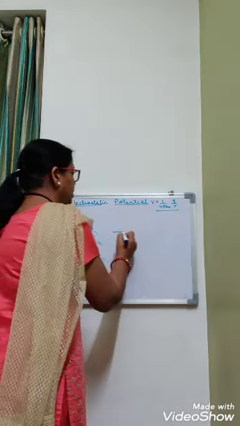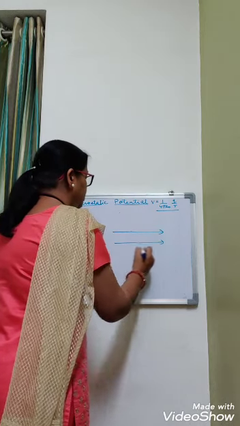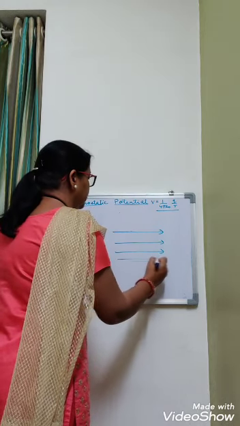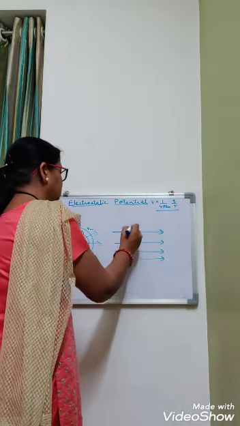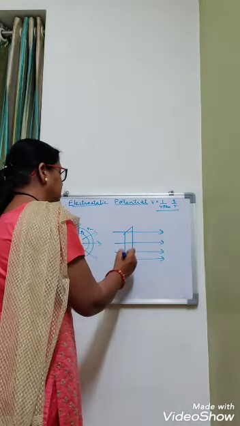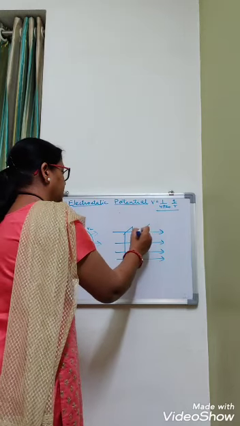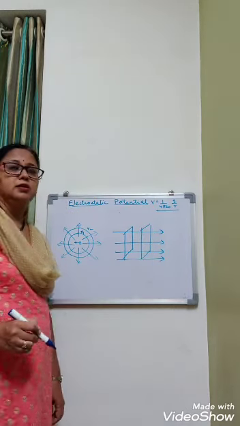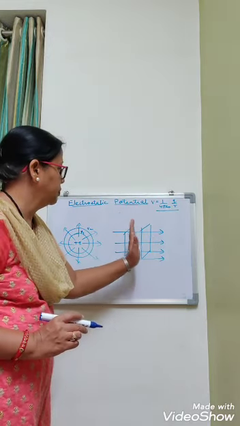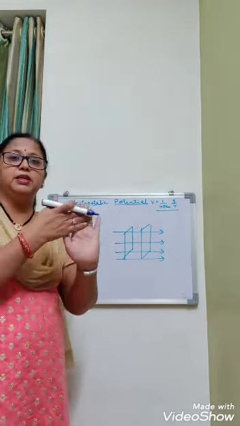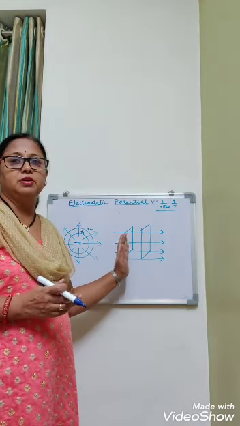In the same way, for a uniform electric field we can also draw the equipotential surface. It will be like this. If the lines are going like this and I take a perpendicular plane, then on that plane the potential will be the same everywhere.